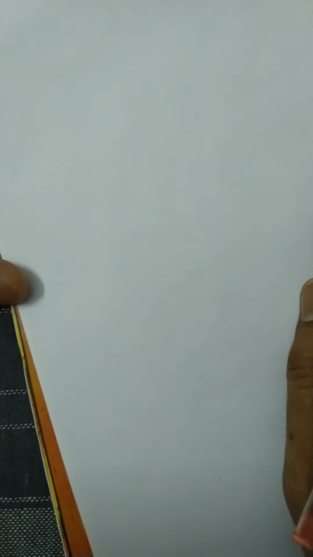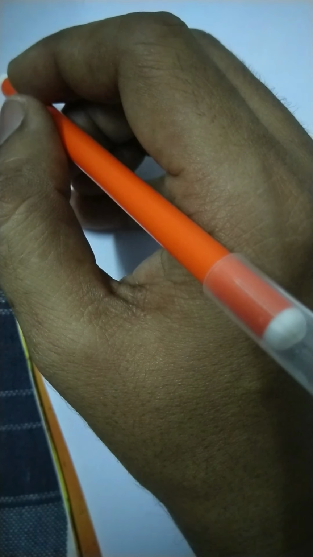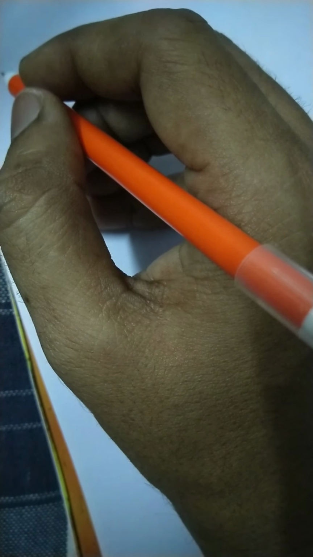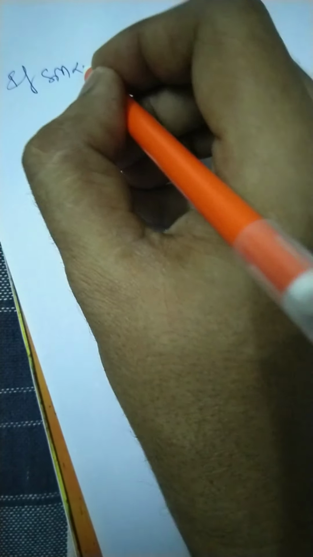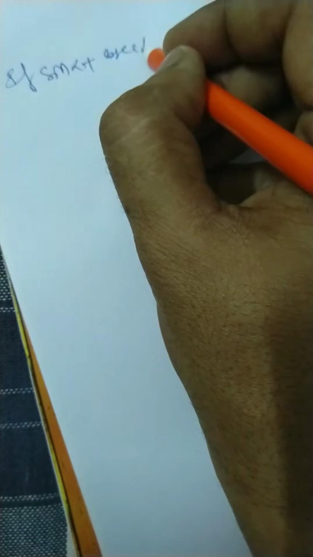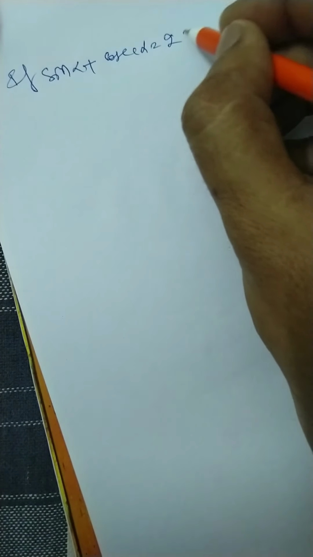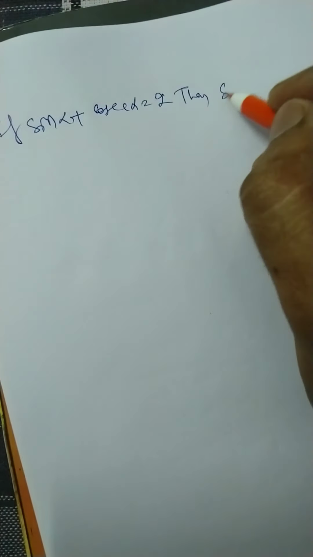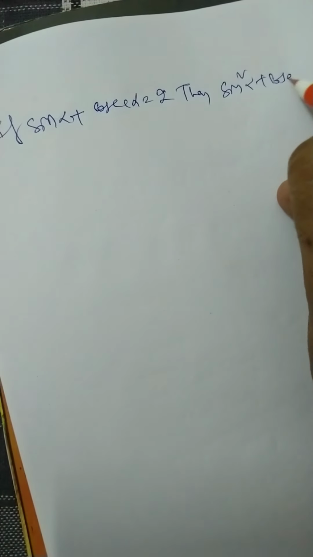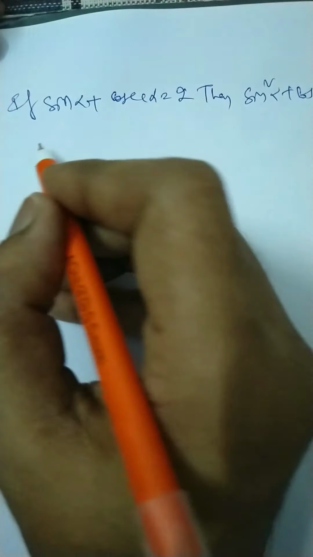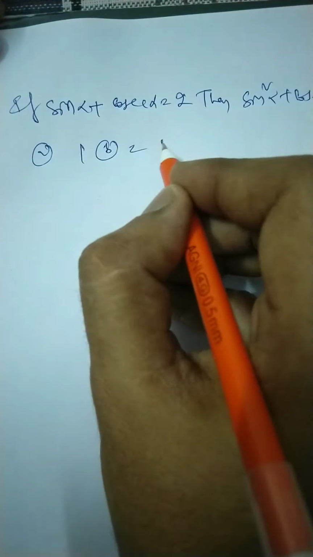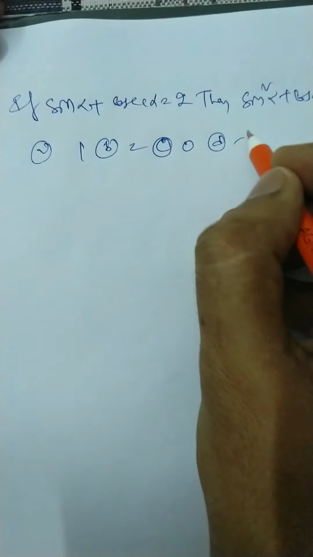Now we will see another example related to basic trigonometry. If sin alpha plus cosecant alpha is equal to 2, then sin square alpha plus cosecant square alpha is equal to, the options are 1, 2, 0, minus 1.